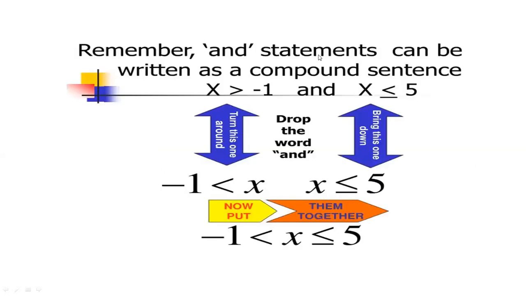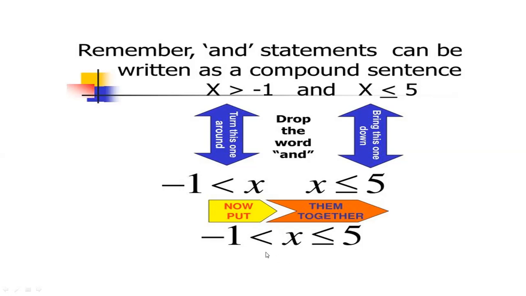Remember, and statements can be written as a compound sentence. x is greater than minus a, and x is less than or equal to plus 5. So x is greater than minus 1, and x is less than or equal to 5.